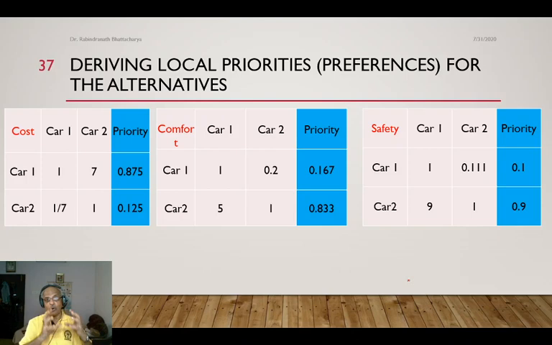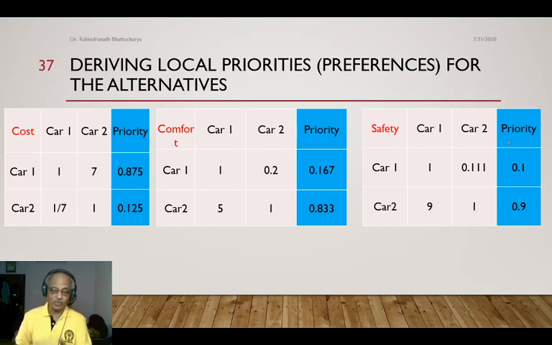So we'll have to form separate matrices for each of the criteria, comparing the alternatives. That means car 1 to car 2, I'm giving a preference of 7. I'm giving the importance number as 7. Similarly, I'll find the priority vector, or eigenvector, for all these matrices.